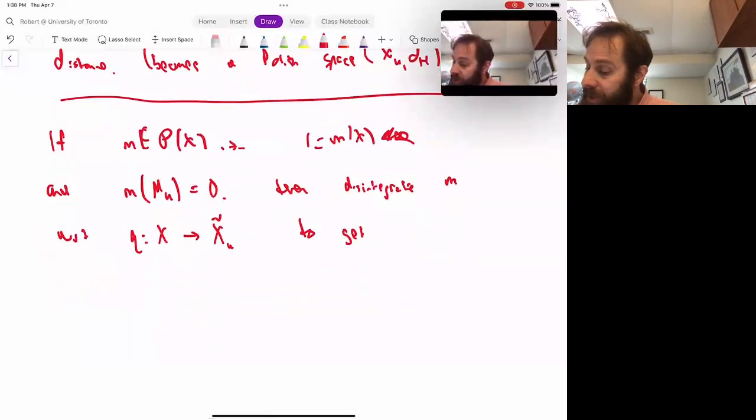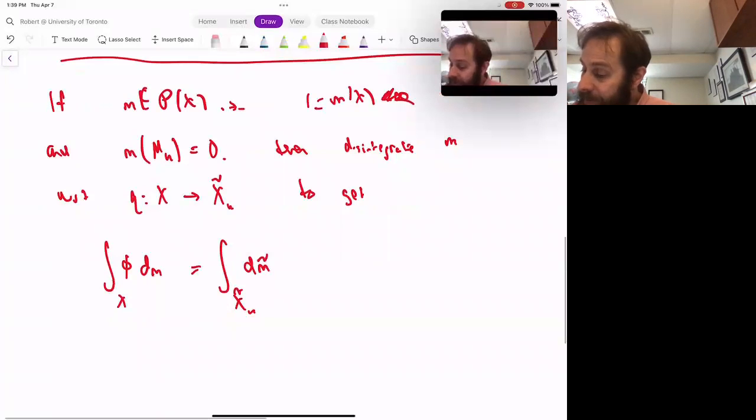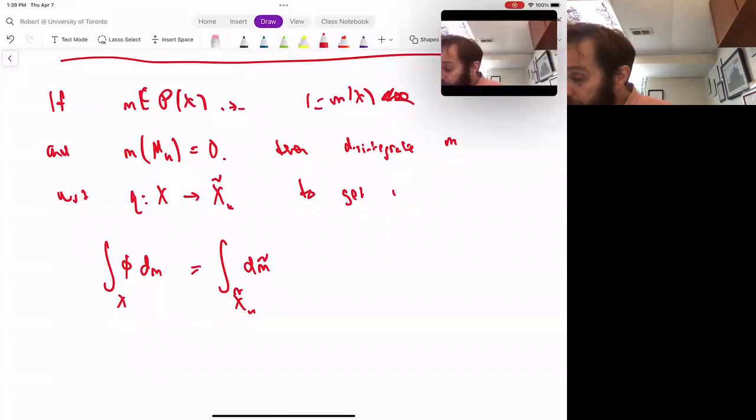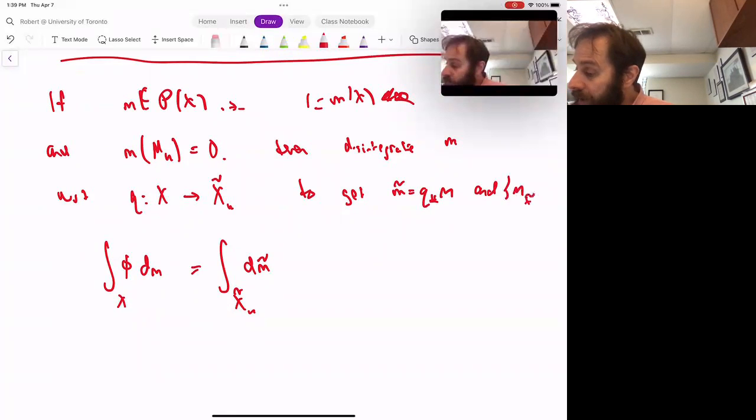What does disintegration mean? It means whenever I have a continuous function, or indeed a measurable function, that I want to integrate against m, I can get the value of that integral by first integrating over points in the equivalence classes with respect to some induced measure, which I'm going to call m tilde. Here, m tilde is going to be the image under Q of m. And then I'm going to have a set of conditional probabilities on the rays.